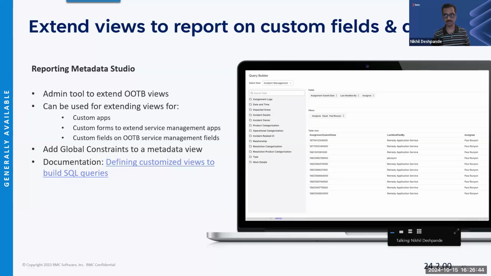For example, we know that some of our customers in some countries use it for applying filters on company, where if you have multiple companies in your ITSM instance and you don't want users to have that filter on company every time, you can create different metadata views for different companies. So anyone who develops a dashboard on that view will inherit, or it will automatically take those conditions.